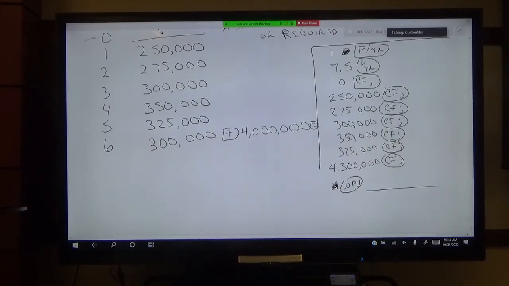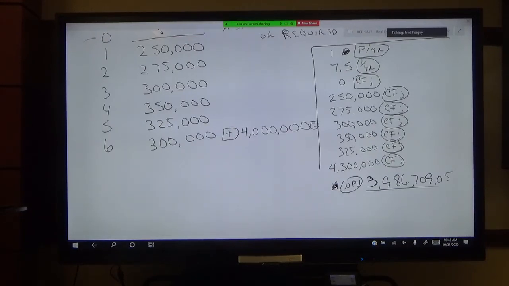Yes. $3,986,709.05. Okay? So, that is the maximum amount that we'd be willing to pay for the property up front, assuming these cash flows and that sale price.